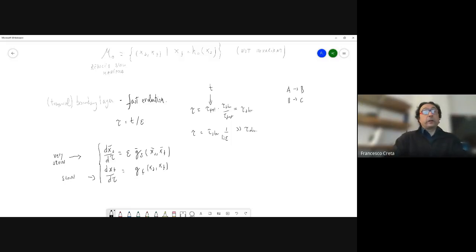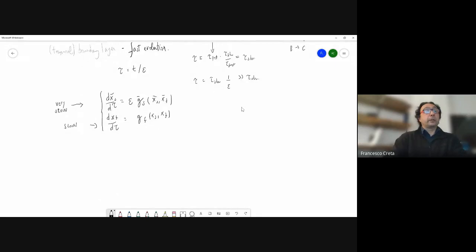And we can do something very similar now, because we can still place epsilon going to 0. And clearly what this means essentially is we're dilating this time. So what becomes very slow now becomes essentially constant. So what we have here is that dx of s by d tau now is equal to 0.